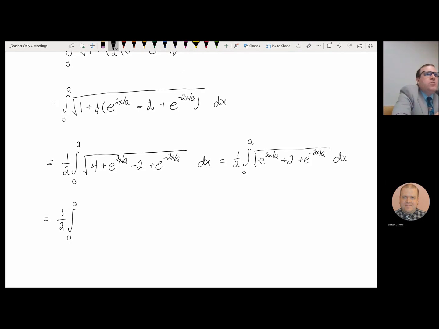Now look at what's under that square root. That's a perfect square.